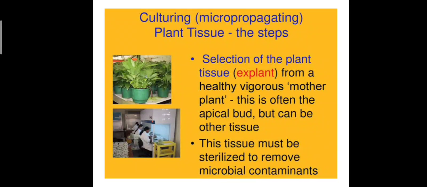And there should be the presence of parenchyma cells in the explant, which is an important condition for selection of explant, because parenchyma cells are highly responsive and quickly respond in the culture medium. These explants, after selection, are cut into small pieces, approximately 2 to 5 millimeter or up to a maximum of 1 centimeter in size.